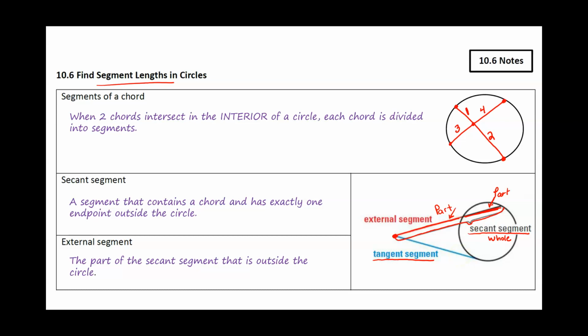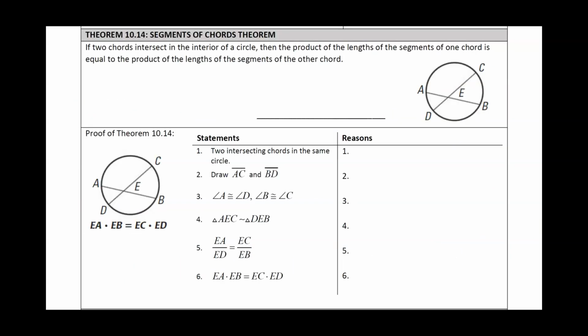Now, moving on, all of these definitions lead to three very important theorems for segment lengths in circles. The first theorem we're going to look at is theorem 10.14, segments of a chord theorem. It says if two chords intersect in the interior of the circle, in our picture they are intersecting at E, then the product, that's multiply, of the lengths of the segments of one chord is equal to the product of the lengths of the segments of the other chord.